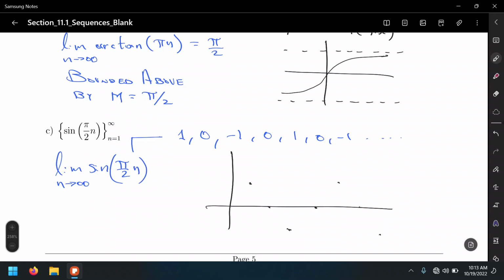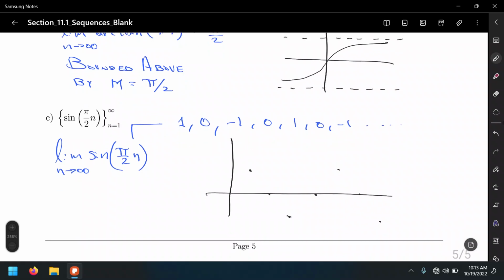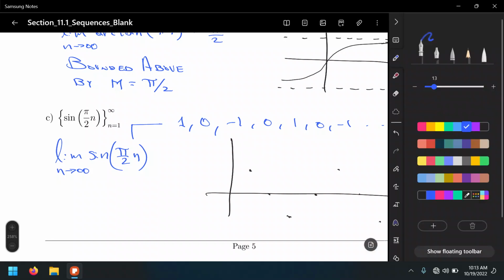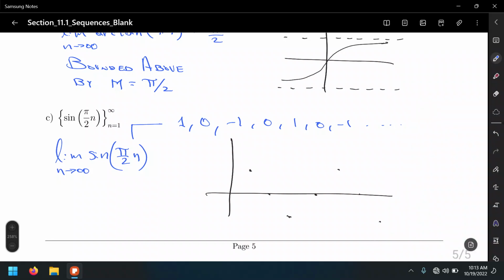So it's oscillating between negative 1 and 1. And it's oscillating forever. But in this case, we're just considering the right side of the sequence, all the positive integers. So this means that we're going to have a bound at the top and a bound at the bottom. So this sequence is bounded. We don't have to say it's bounded above and below.